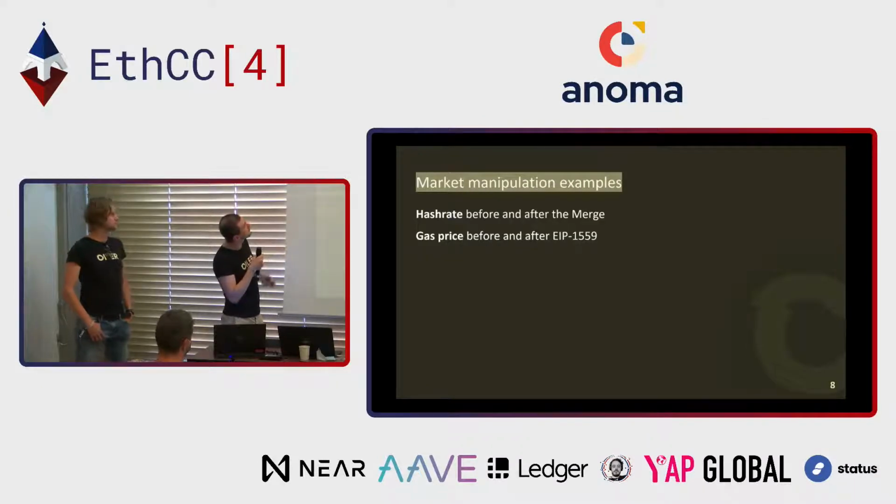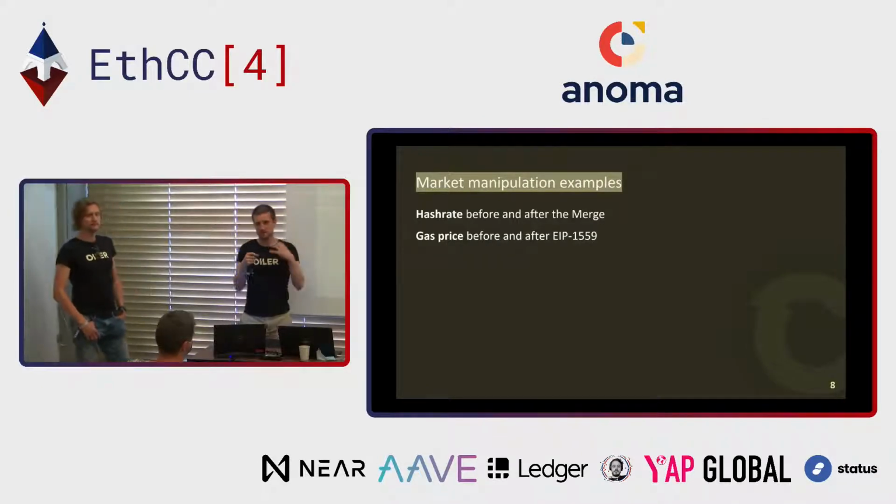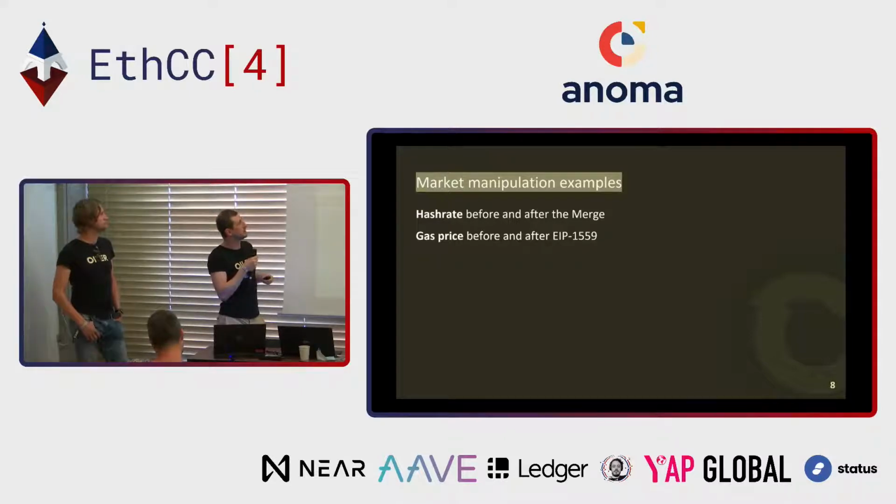Now let's think about examples of manipulation and how exactly they play out if we build some products around them. Hash rate, after the merge, after Ethereum 2 happens, does not exist anymore, but it serves as a great example of how we build something that we'll show later as a forwards construction, and what kind of manipulation you can expect from players in the market.